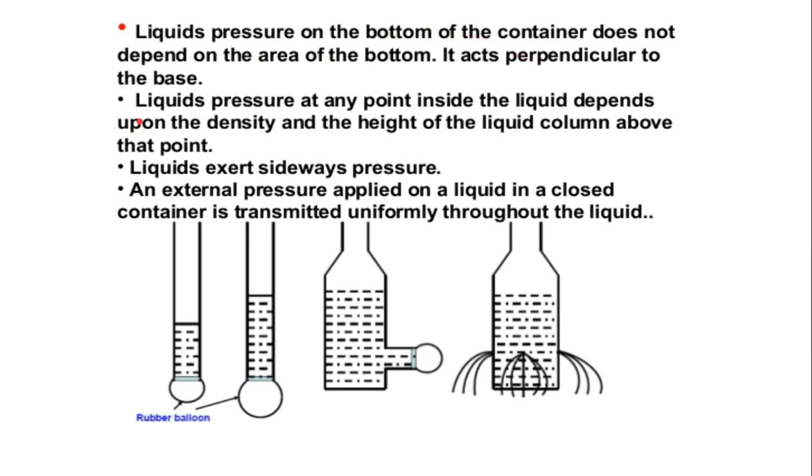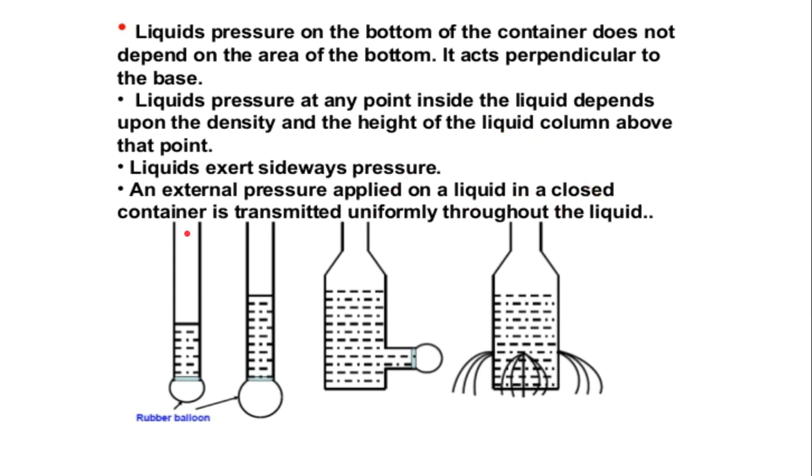The second property of liquid pressure is that liquid pressure at any point inside the liquid depends upon the density and the height of the liquid column above that point. The third is that liquids exert sideways pressure. Then, an external pressure applied on a liquid in a closed container is transmitted uniformly throughout the liquid.